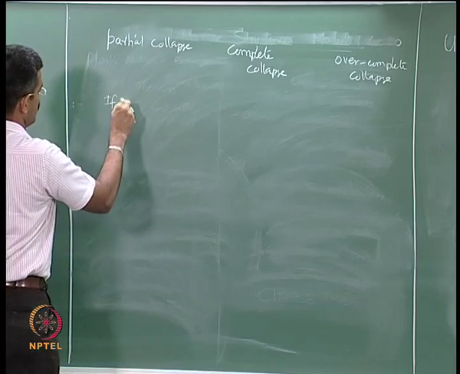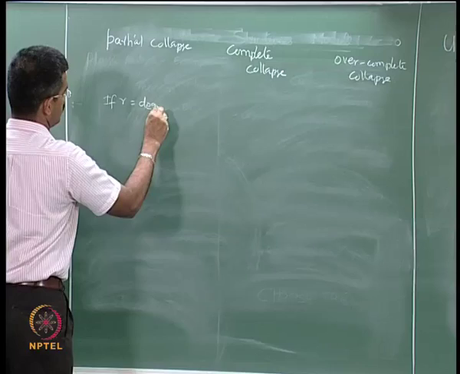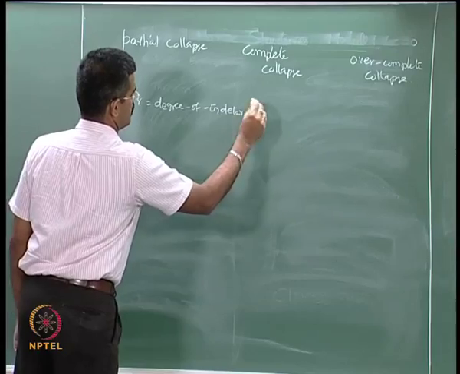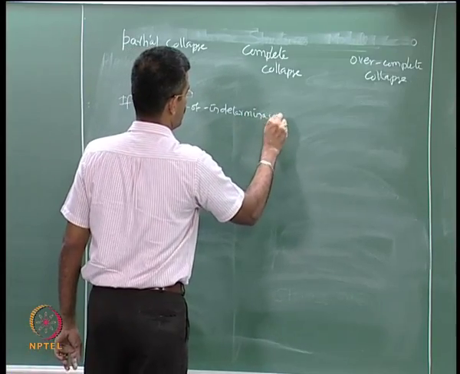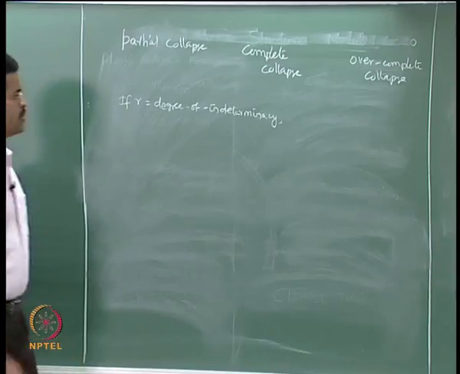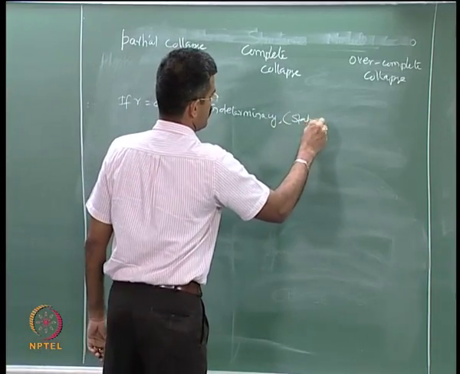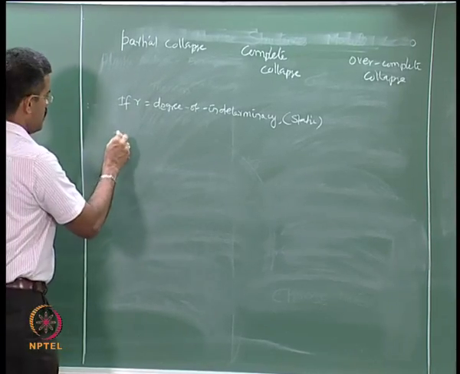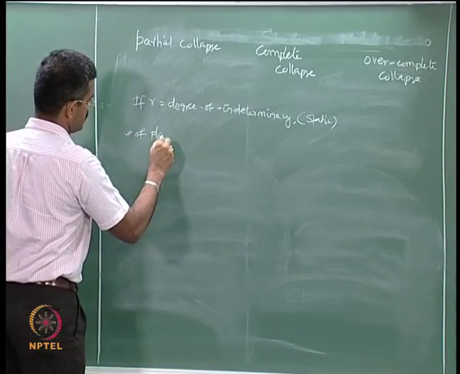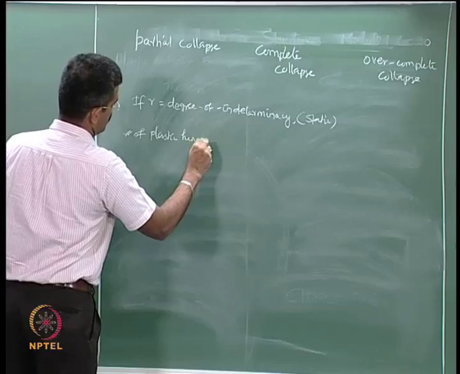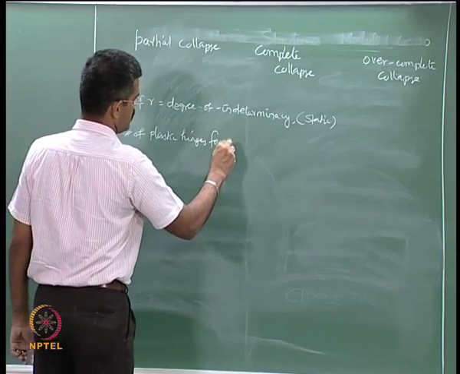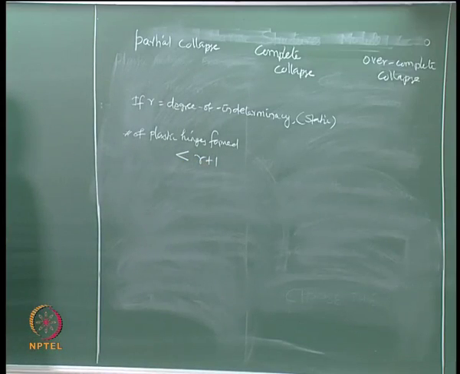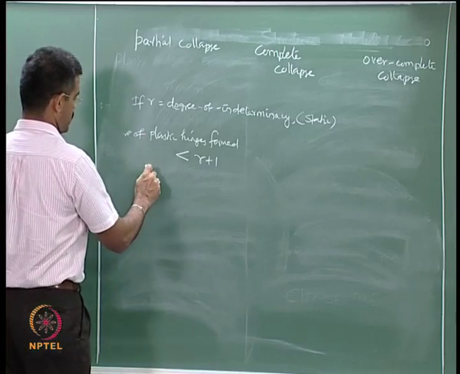If r is the degree of static indeterminacy, if the number of plastic hinges formed is less than r plus 1, then it is called partial collapse.